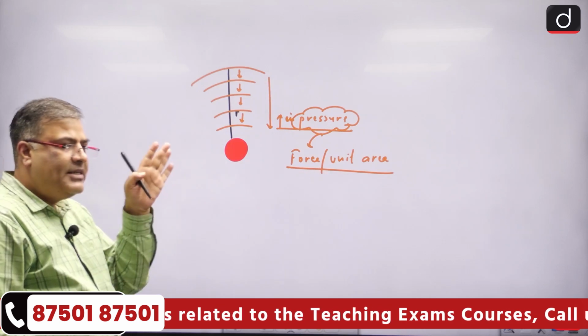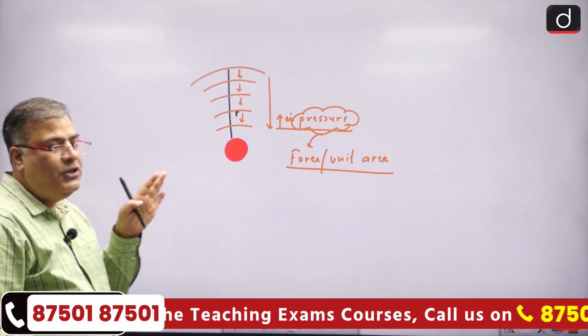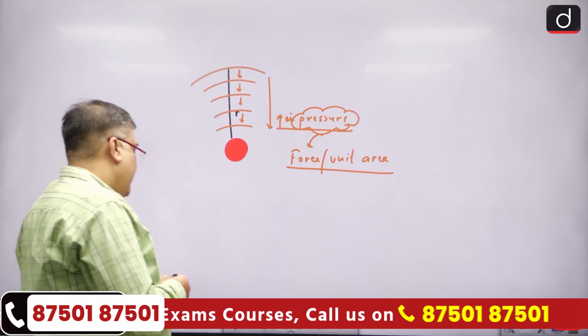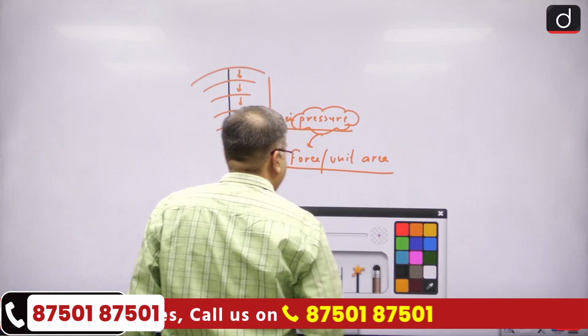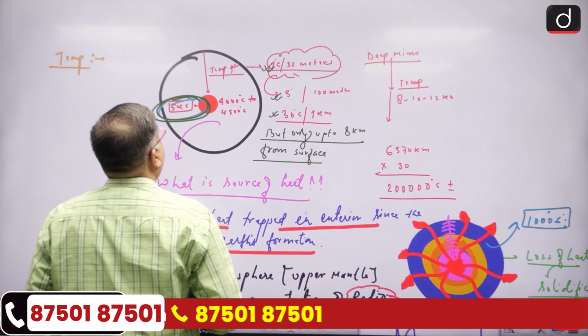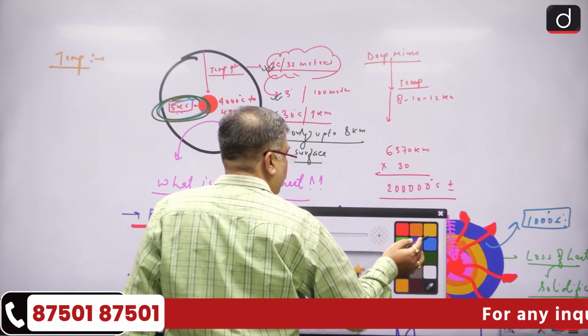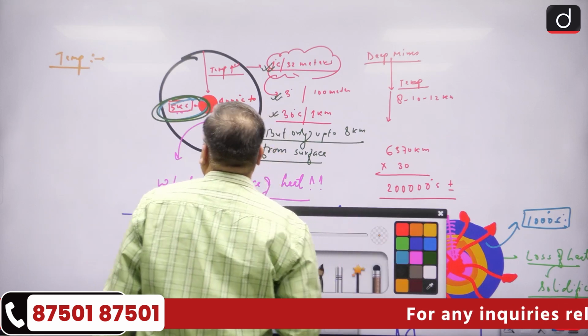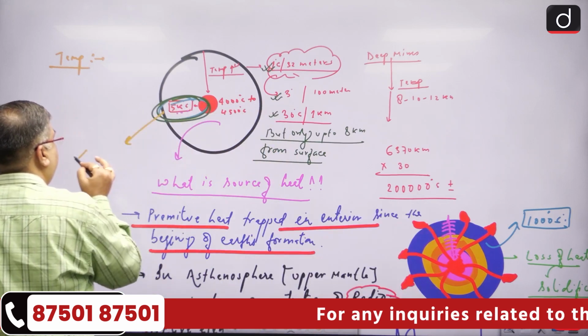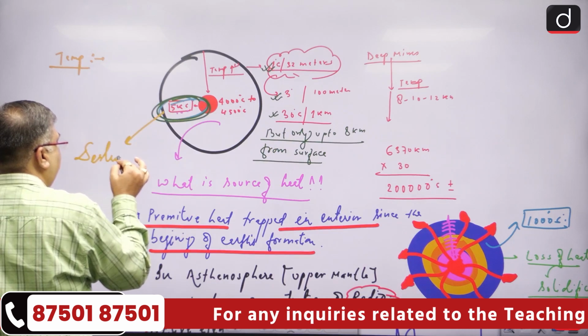Now, what does it say? And what is its use? It says that at the temperature, as we have seen here, the temperature is 5000 degrees C. Don't you think that this temperature is actually disturbing? Why disturbing?